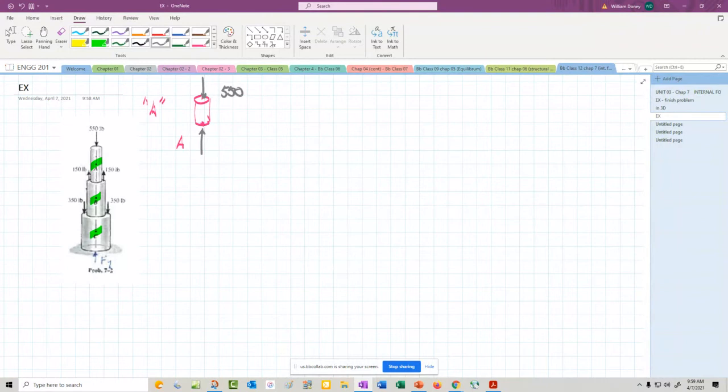Now, I could draw the normal as up or down here. I'm pretty sure if there's a 550 down, there has to be a normal up to support that. I've cut it right here so there's no other forces acting on it. So I can just say by inspection that should be 550 straight back up. Hopefully you can see that.